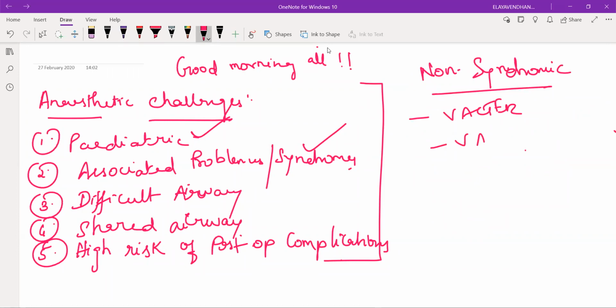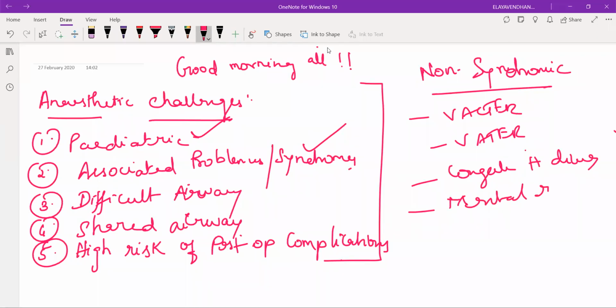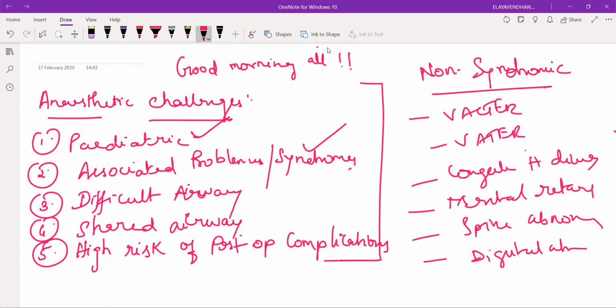And congenital heart disease, right? So these can get associated with cleft palate, but are not a part of a syndrome. Okay, mental retardation, right? Spine abnormalities, then digital abnormalities, right? So these are some of the non-syndromic associations of cleft lip and cleft palate.